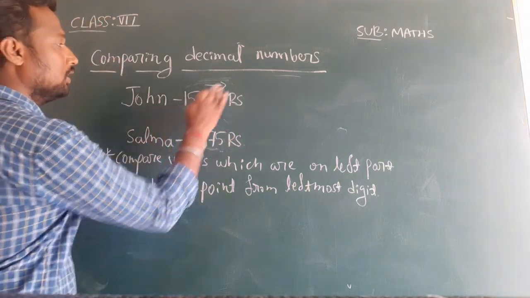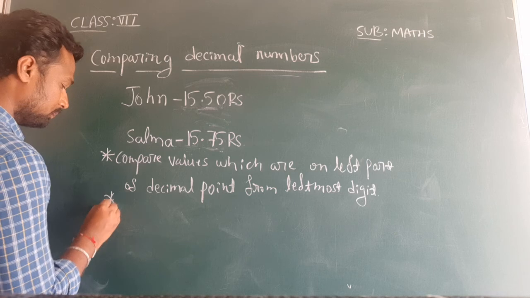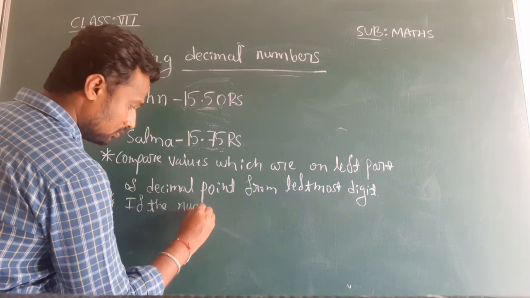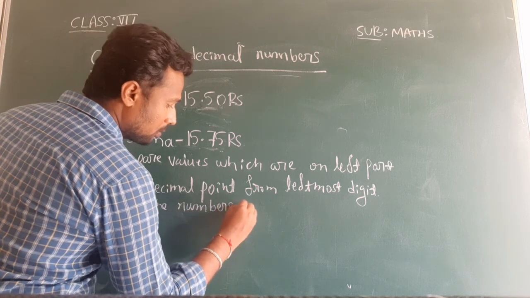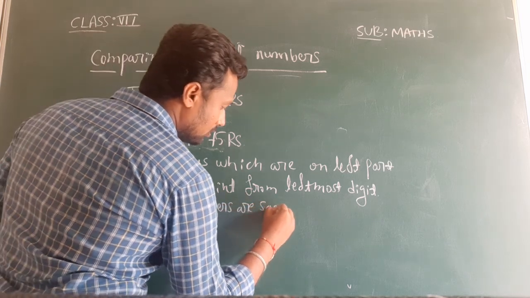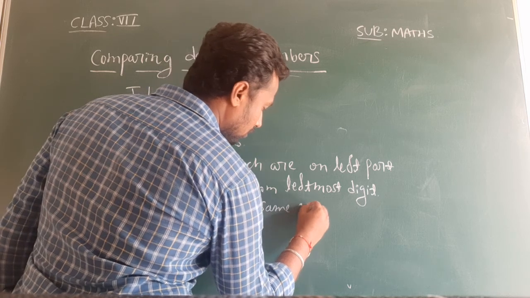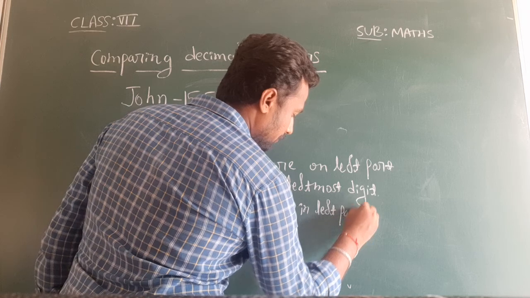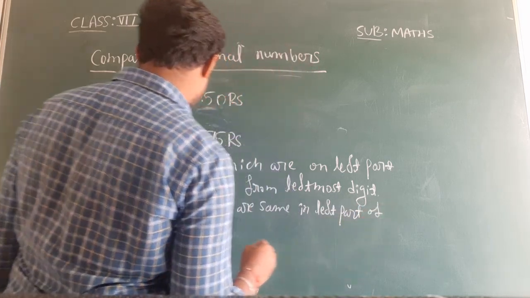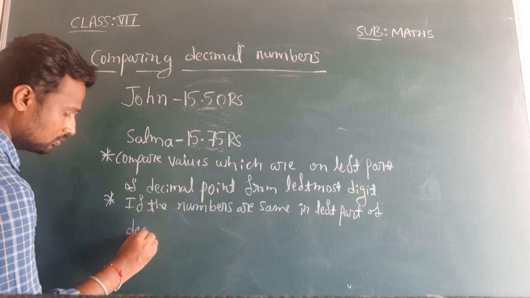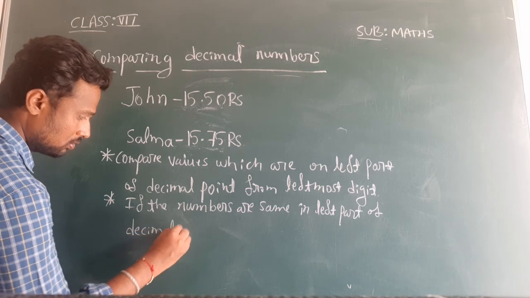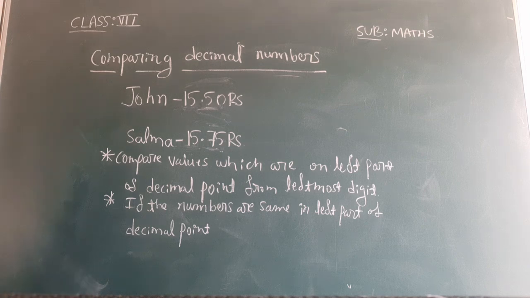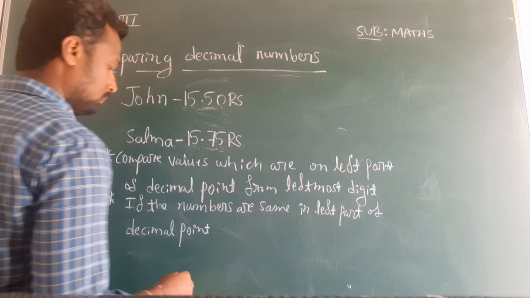Tens place. Okay. So I will write here: if the numbers are the same in the left part of the decimal point, then what will we do?